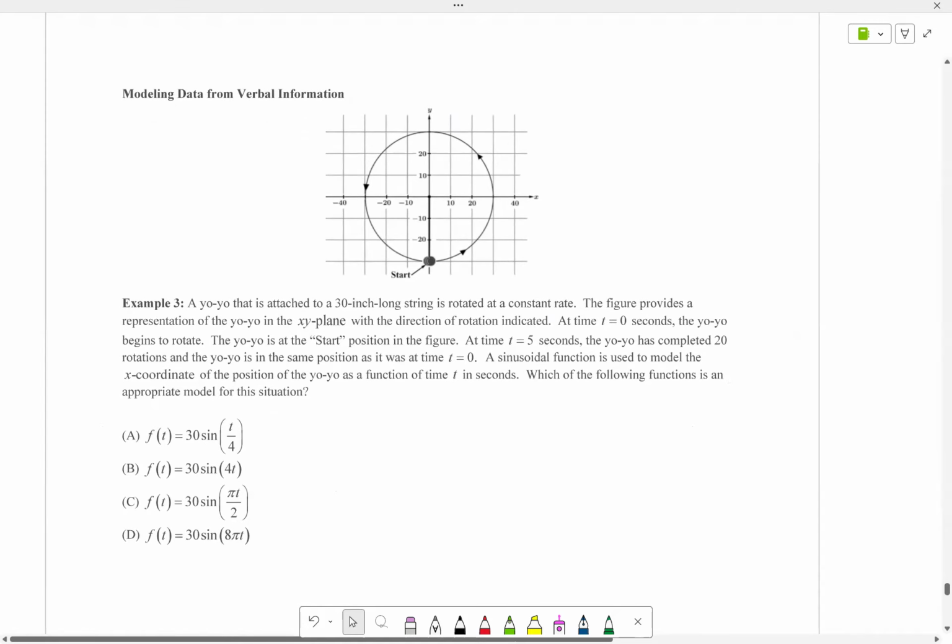Think about what makes sense first. So take a moment to discuss.